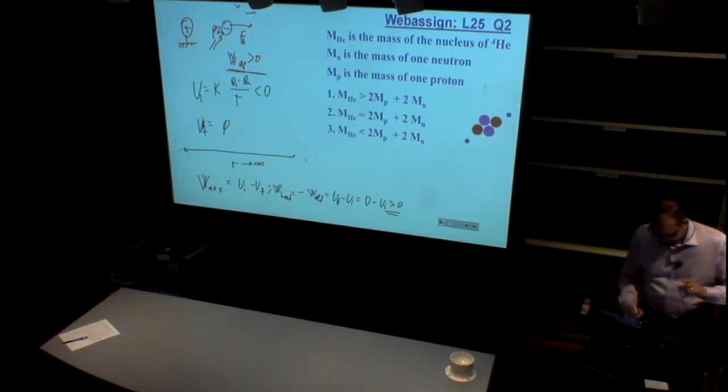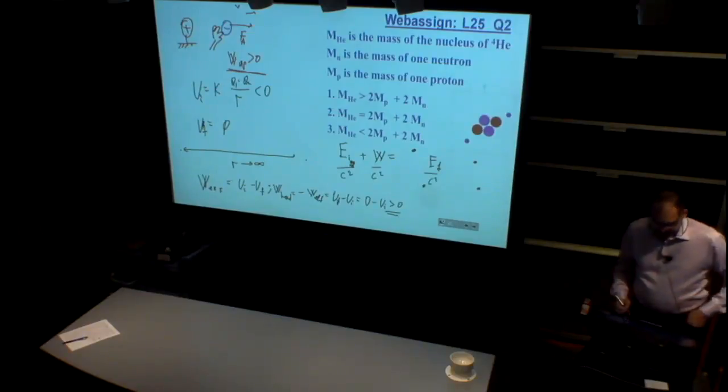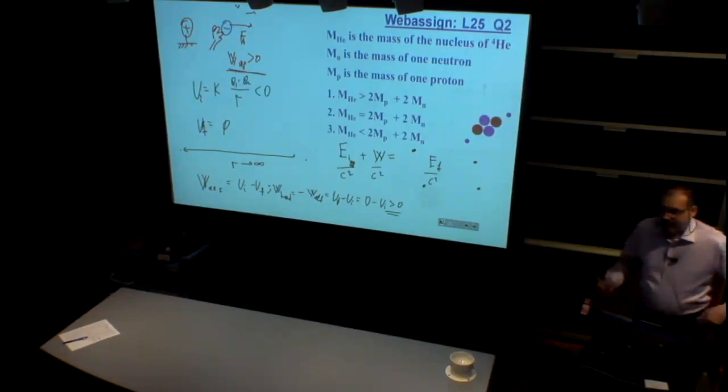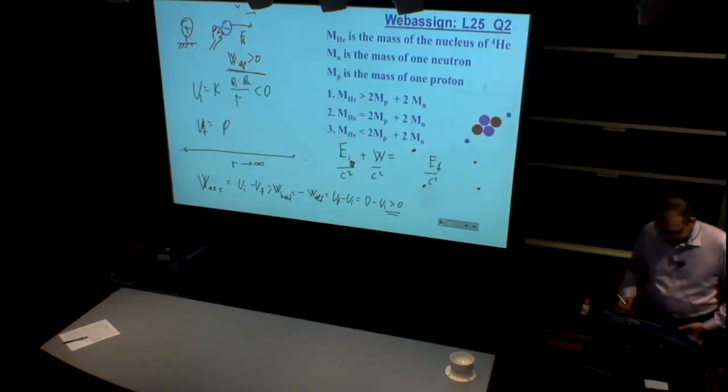So initially, we have a certain amount of energy stored in the nucleus. We have to do some positive work to get finally those 4 nucleons separated. So divided by c squared, Einstein's equation, which relates mass and energy.